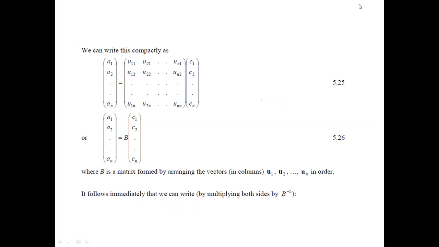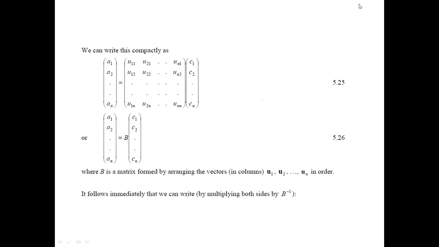So as A1, A2 up to AN equals U11, U21, UN1, then U12, on and on like that, then C1, C2 up to CN. Notice that matrix U11, U21 is not as you usually find a matrix.